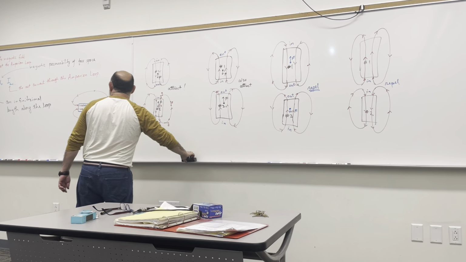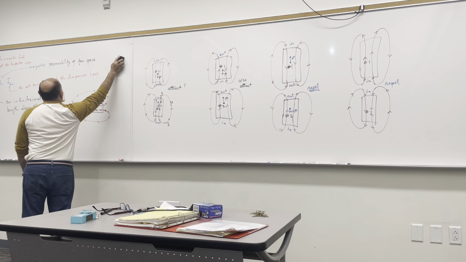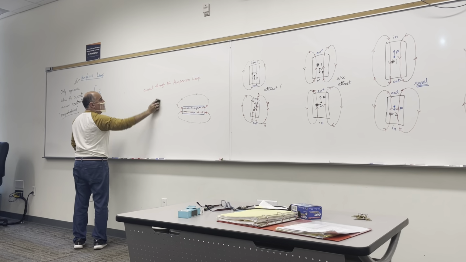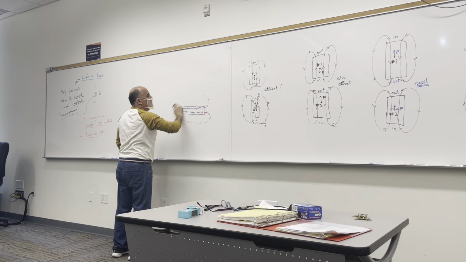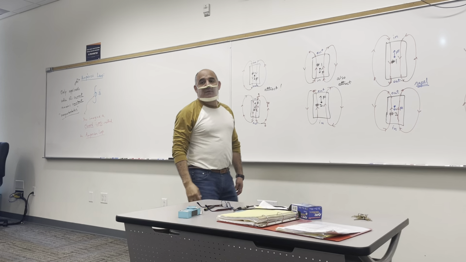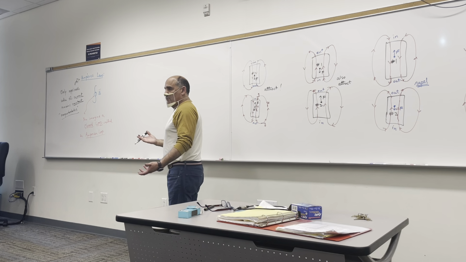Now, it turns out that, can I erase this? We don't really need this anymore, right? It turns out that the most beautiful planet in the universe, which one is that?